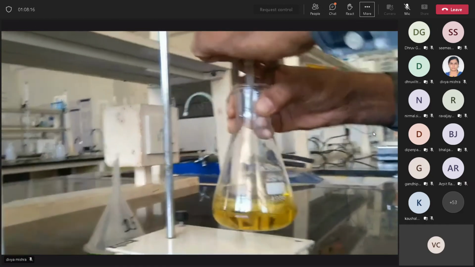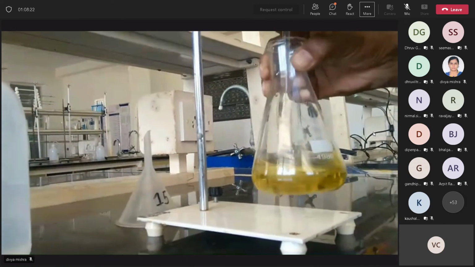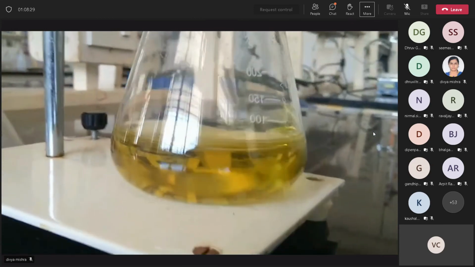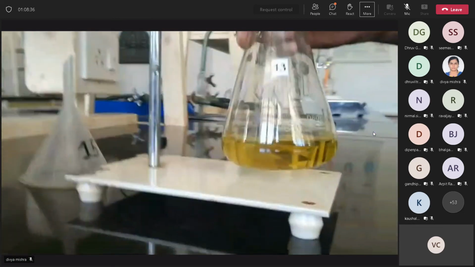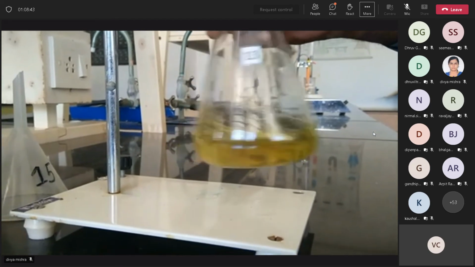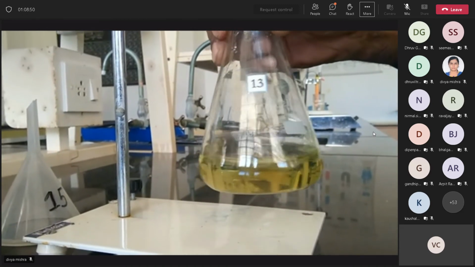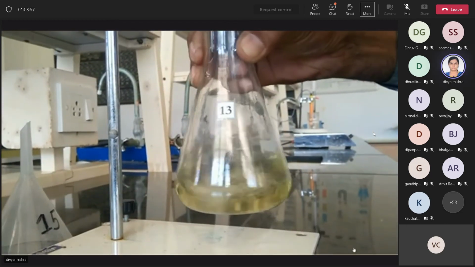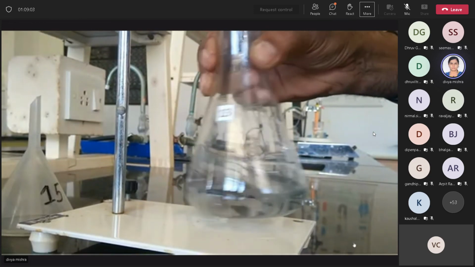You can see the color is bluish green. Please observe how the color is changing from bluish green to reddish brown.